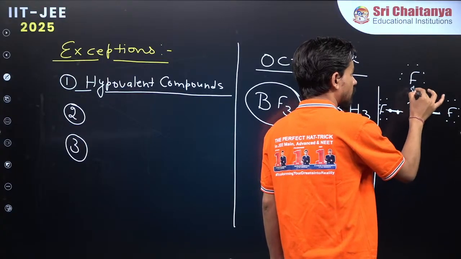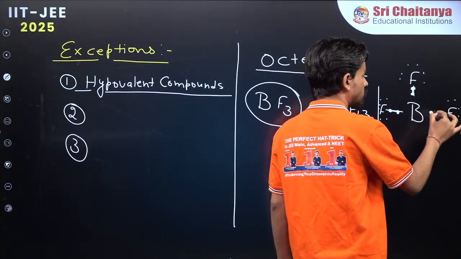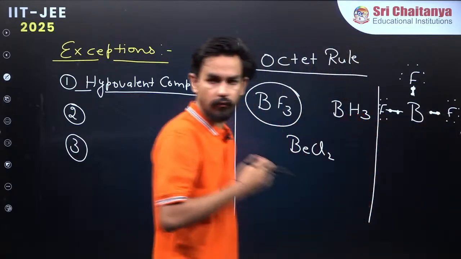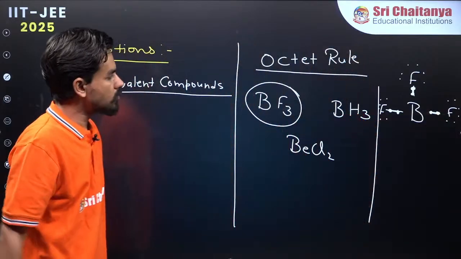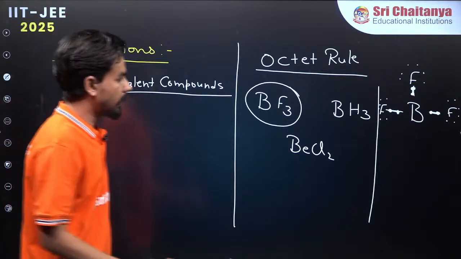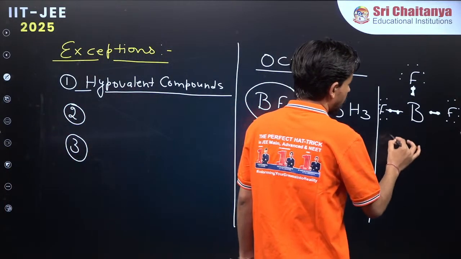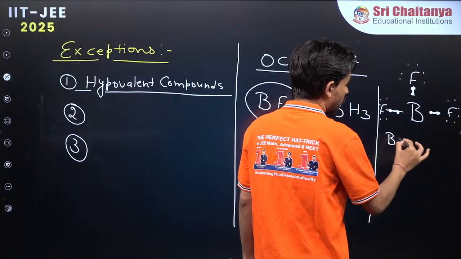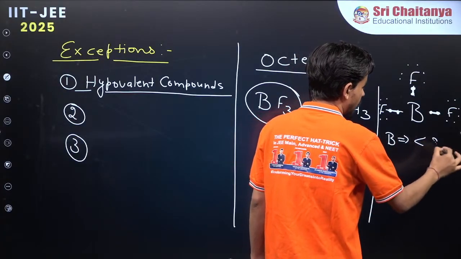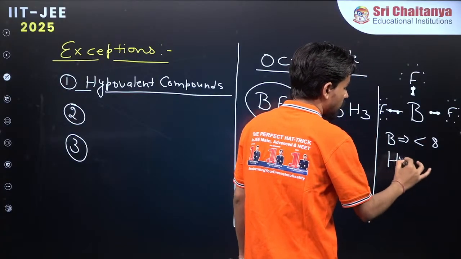That means it has access to only 6 electrons, 3 of its own and 3 shared. It is less than 8, so the electrons around boron are less than 8.